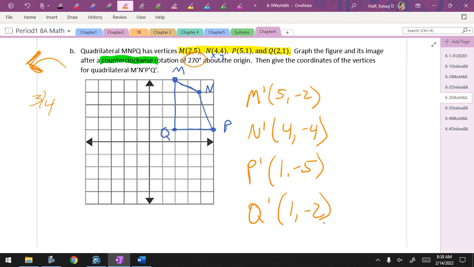Rotate your paper back to normal. And now plot these points. Rotate your paper back to normal. Now plot them. You didn't write them down, you goof.